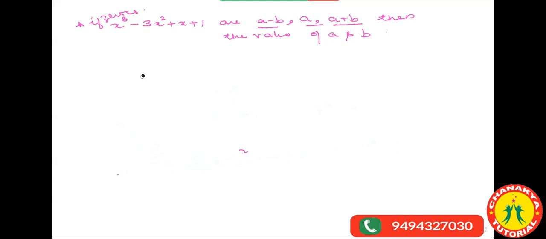Not two, there are so many methods. So now I am explaining it with another. So zeros are alpha is equal to a, beta is equal to a minus b, and gamma is equal to a plus b. Right? Now calculate the sum of the zeros. So sum of the zeros is the formula minus b by a, clear? So first of all, write the values of a, b, c, d. So coefficient of x cube is a.